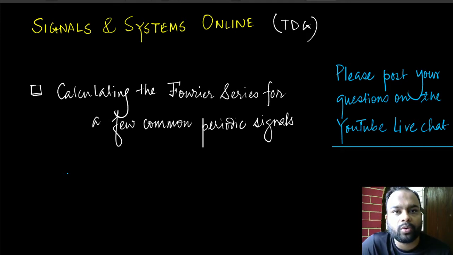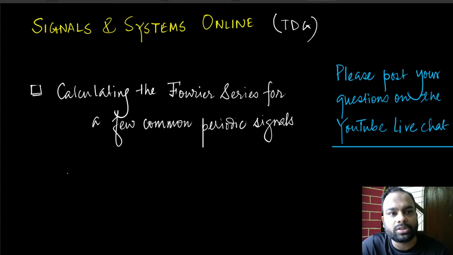Fourier transform is applicable for those signals. In fact, for our course, we use Fourier transform way more often than Fourier series. So Fourier transform would be a more important topic for us, and we shall emphasize more on that.